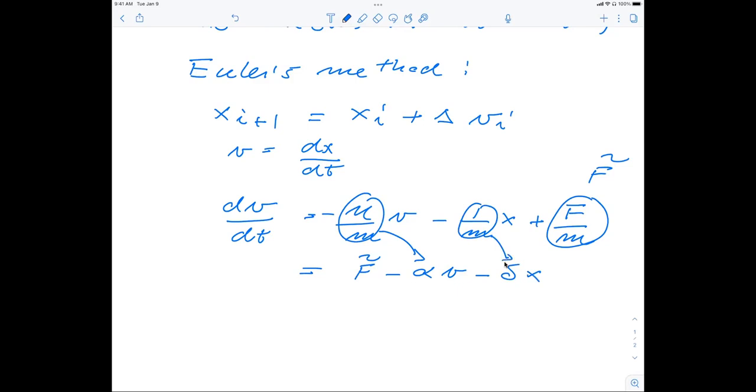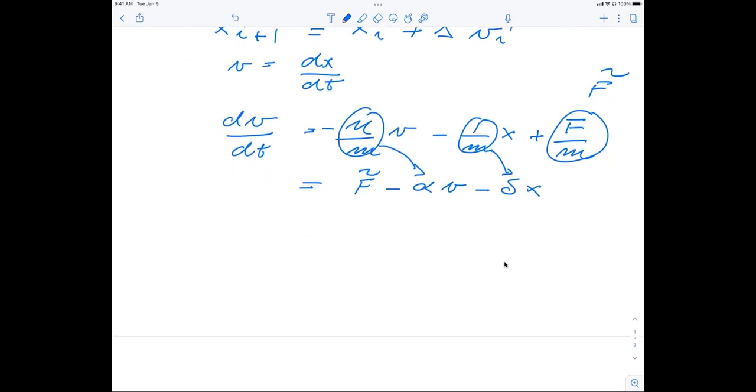So that's the derivative for the velocity, and that means that I can set up a scheme for the velocity as well, where I would have v of i plus 1, which is equal to delta t times this f of i tilde minus alpha v of i minus delta x of i, plus a v of i here.